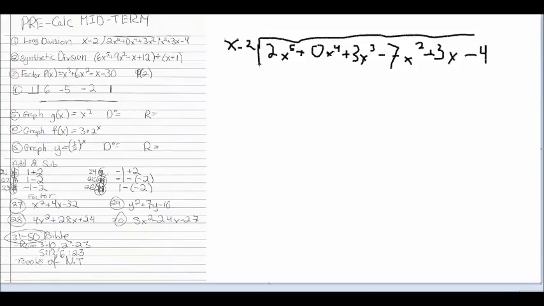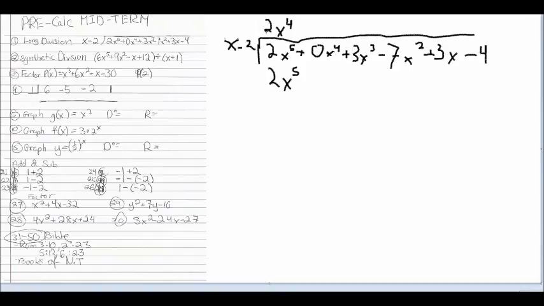Let's focus. What number times x will give you at least 2x to the 5th power? Well, if we multiply it by 2x to the 4th, this is what we'll get, because 2 times x to the 4th will give us 2x to the 5th.